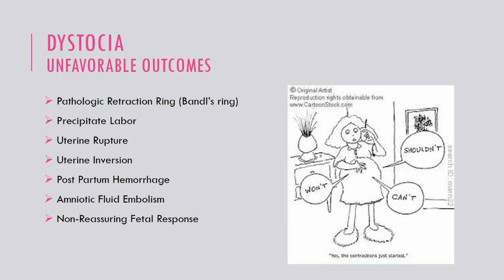And if we're talking about things from a hypotonic standpoint, so it just doesn't want to contract at all, now we've increased the risk for the patient to have a postpartum hemorrhage because the uterus doesn't want to contract or is hypotonic or experiencing some type of atony. Amniotic fluid embolism can also be an unfavorable outcome of dystocia, and non-reassuring fetal heart rate tracings, depending on what you have going on.